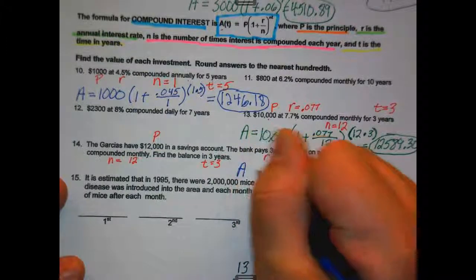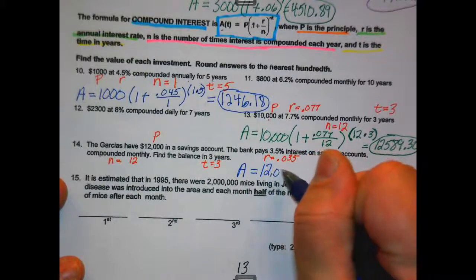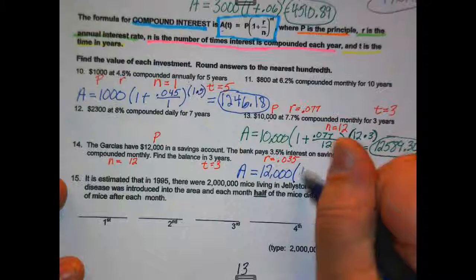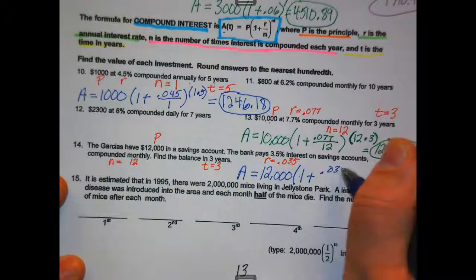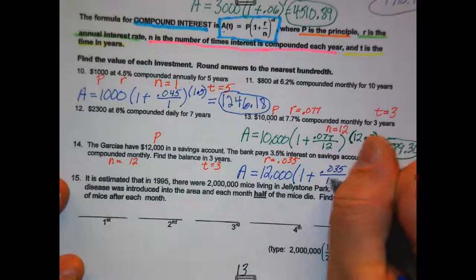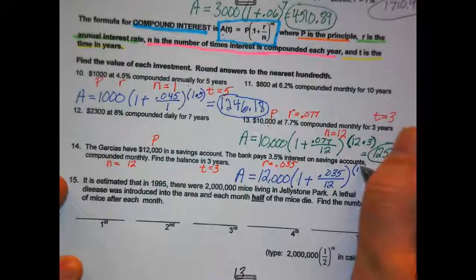So A or Y equals principal times 1 plus my rate, 0.035, divided by my n is 12, raised to the n times t is 3.